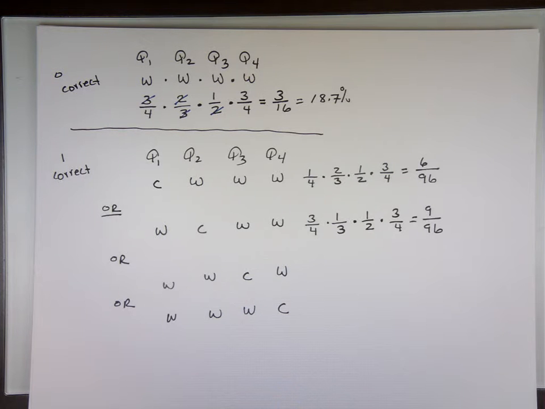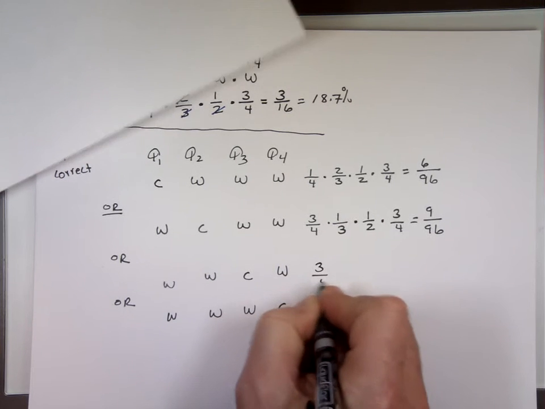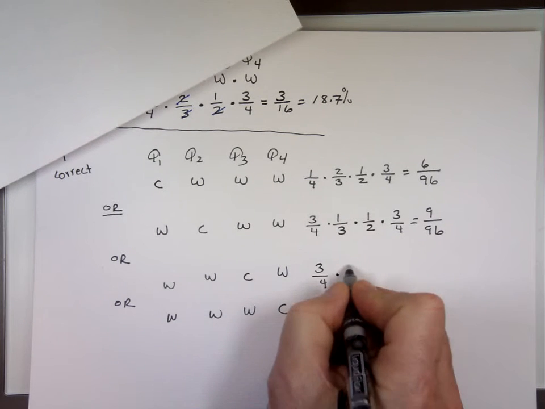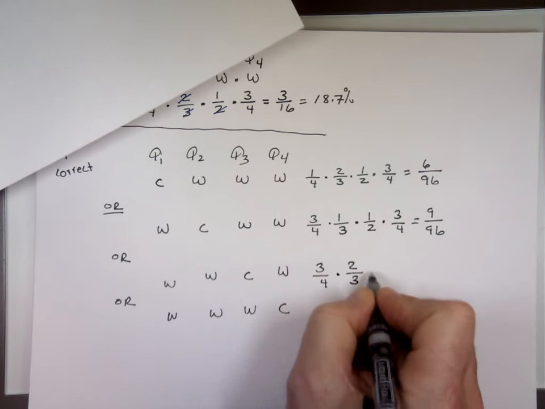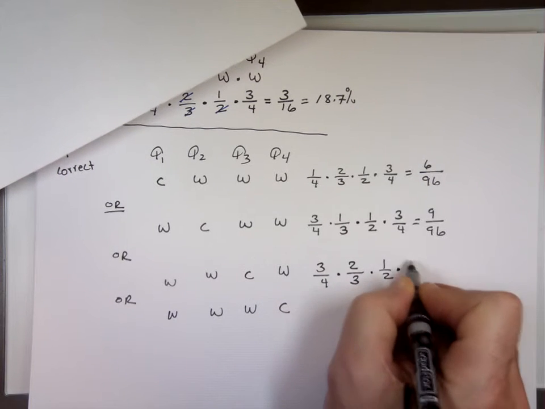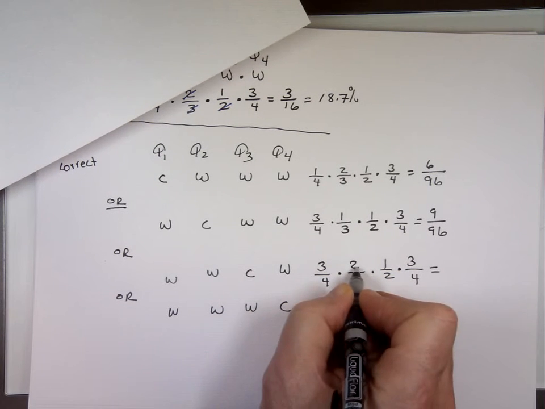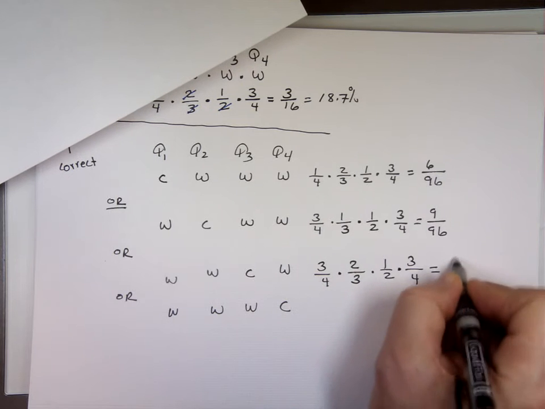The other possibility, the first one is wrong, 3 out of 4. The second one is wrong. There's 2 out of 3 answers are wrong. Third one is correct, 1 out of 2, and the last one is wrong, 3 out of 4. 3 times 2, 6. 6 times 3, 18 out of 96.